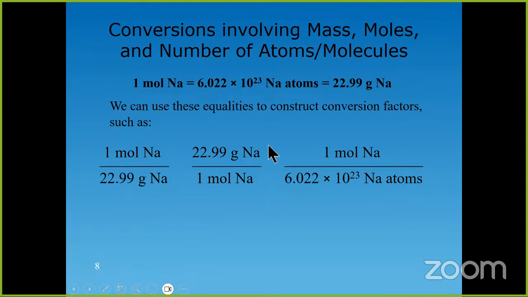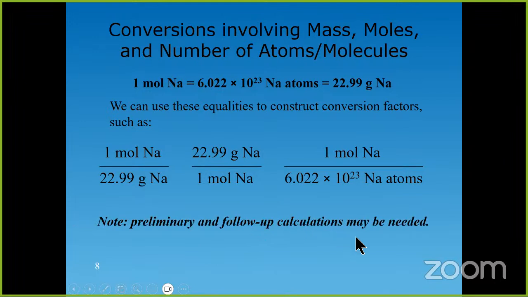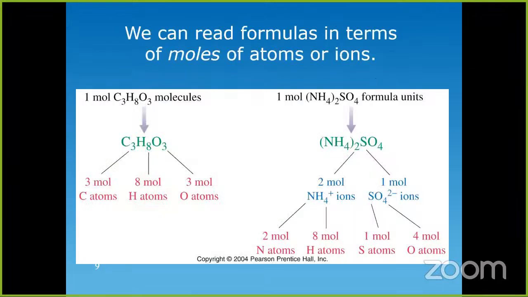You can use this conversion factor or this, and there are others as well. You could look at the relationship between the number of atoms and the mole of sodium, let's say, or the mass of sodium. It all depends on the type of calculation you're trying to achieve. So as stated here, whenever you're doing calculations, you may need to use one of these types of conversions, and then you may need to do some follow-up calculations, or you may have to do some preliminary calculations before you use these conversion factors, all right?